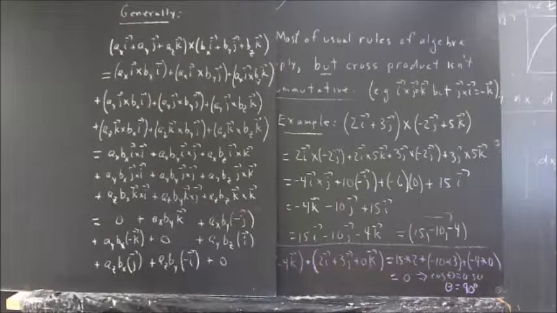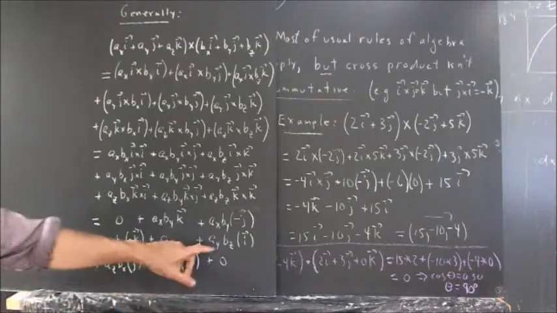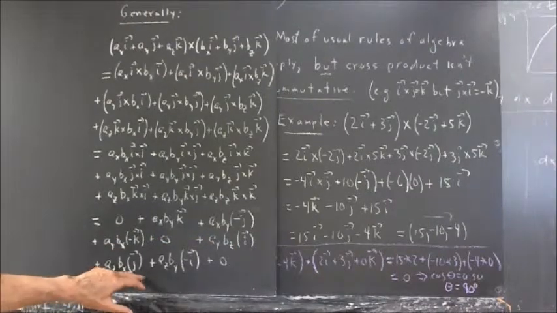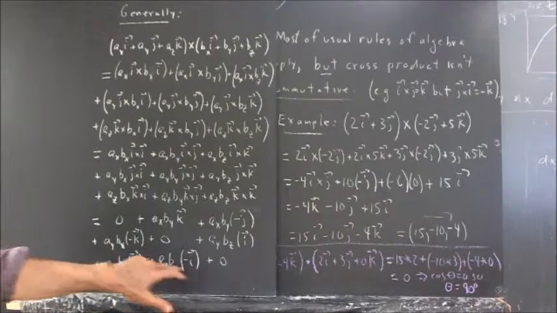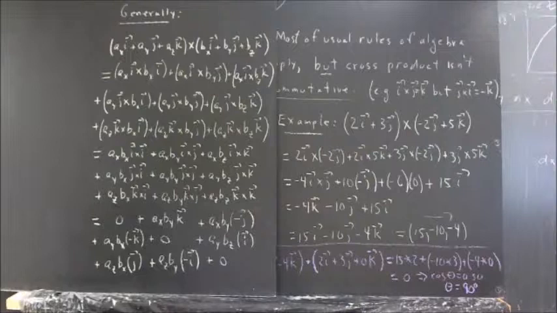Okay, I've written out the results. So, see if this agrees with what you have. ay bx times negative k, ay bz times i, az bx times j, az by times negative i, and of course zeros where the zeros were. And we can again check that the A has x subscript in this row, y subscript in this row, z subscript in this row.